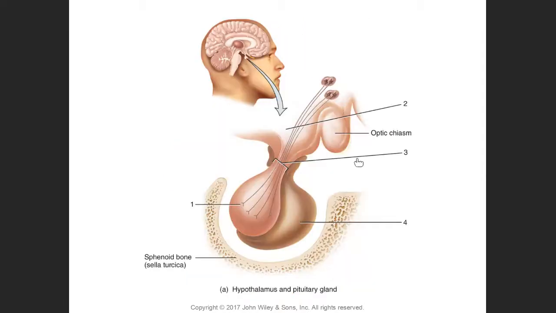And here you can see again number 2, which is the hypothalamus. Number 3 is the infundibulum, and we have number 1 and 4. Number 1 is located anterior. We call it anterior pituitary gland or adenohypophysis.